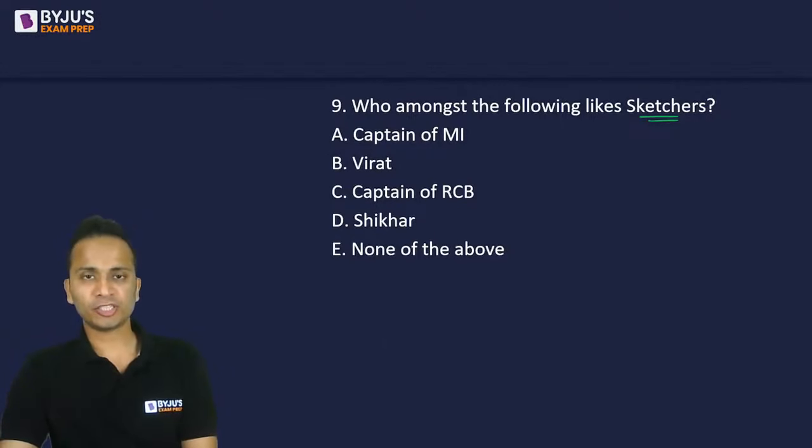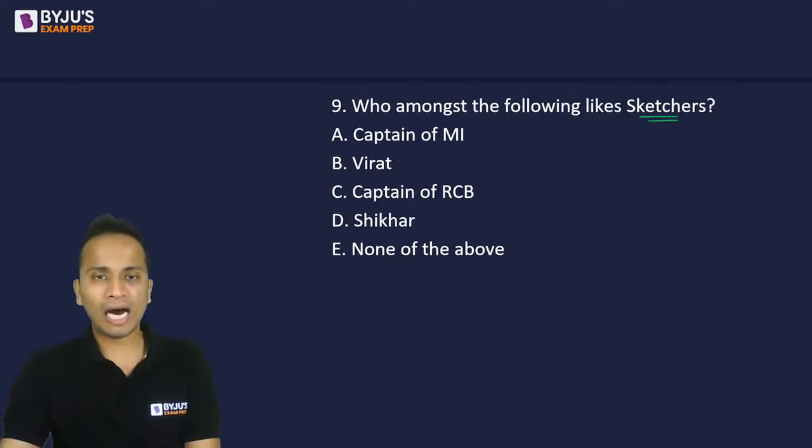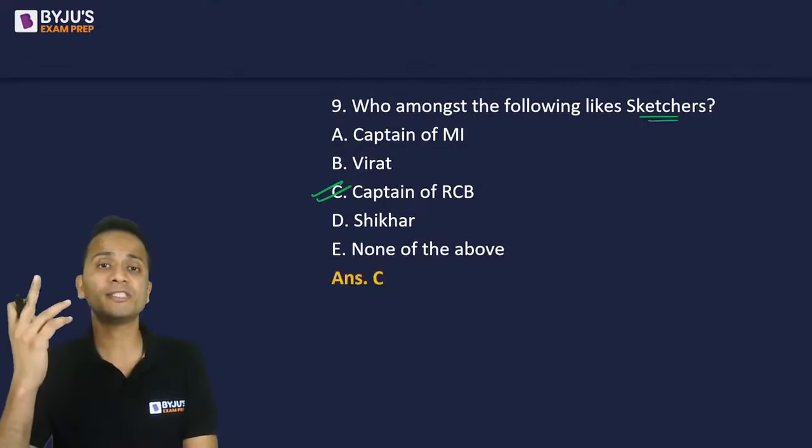So Skechers is liked by Hardik, who is a batsman and the captain of RCB. So Hardik is not in the options, but I have captain of RCB among the options, and that I can mark as the correct answer. The correct answer is option C.